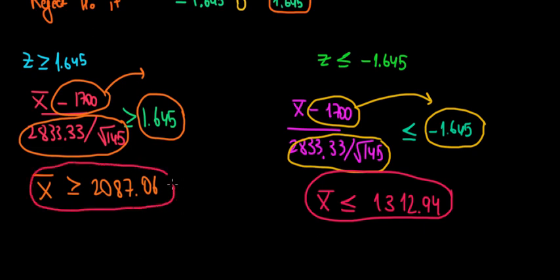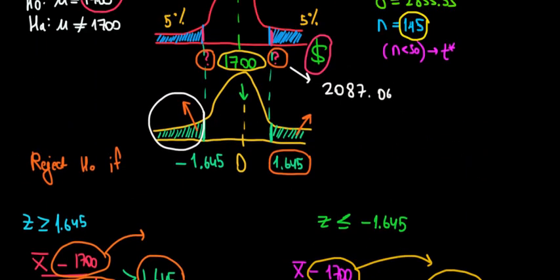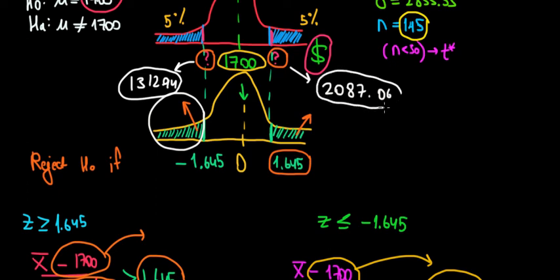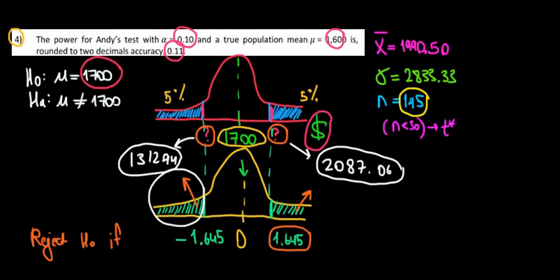Let's put it straight ahead so we can have the graph: 1312.94 is going to be over here. Notice this is to the left of 1700, and the other is higher than 1700, to the right, so graphically it makes sense. We'll stop here in this video. In the next video we're going to work with these numbers to find out the actual power of the test.